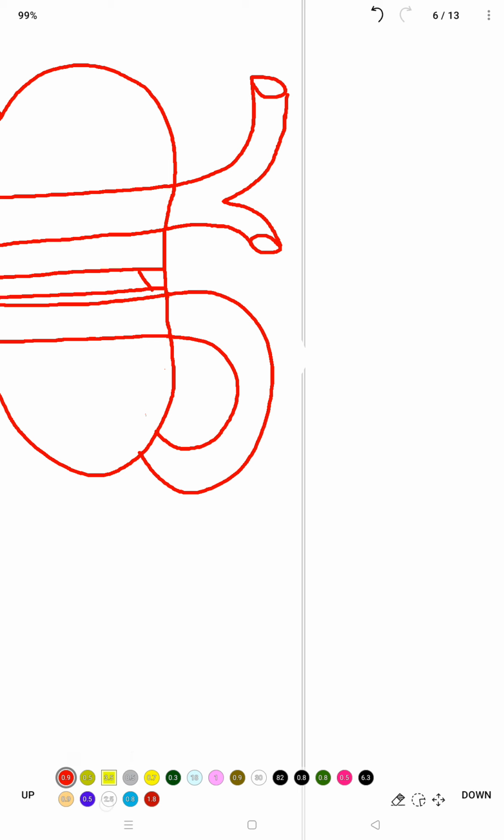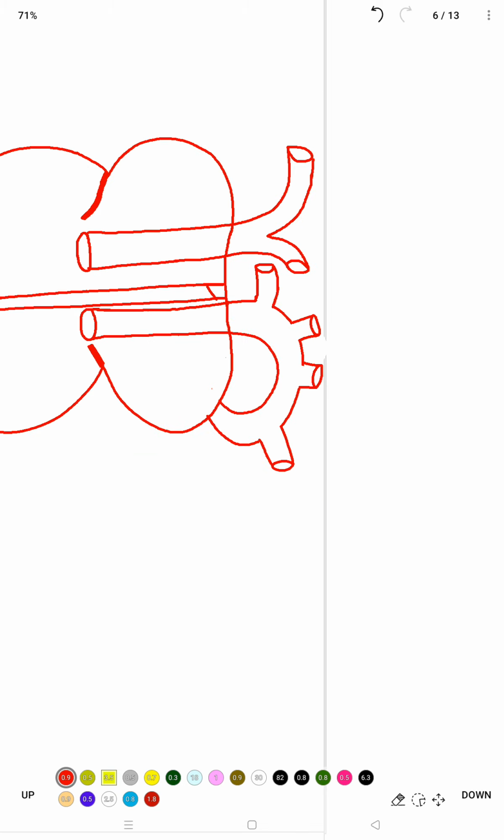And here some branches are present which supply blood to the right and left hand and brain. These blood vessels send blood to the left hand, and this is towards the right hand, and these send oxygenated blood to the various parts of the brain.